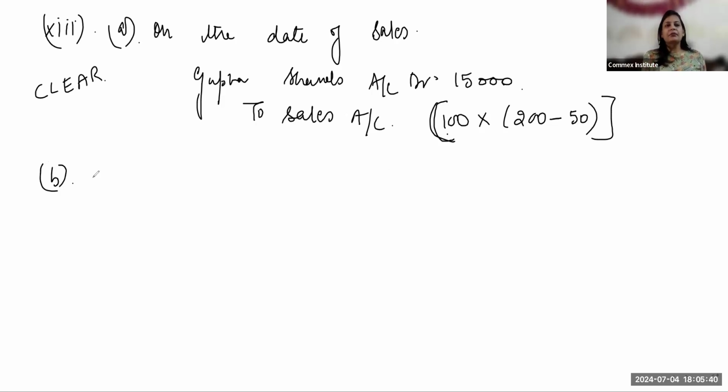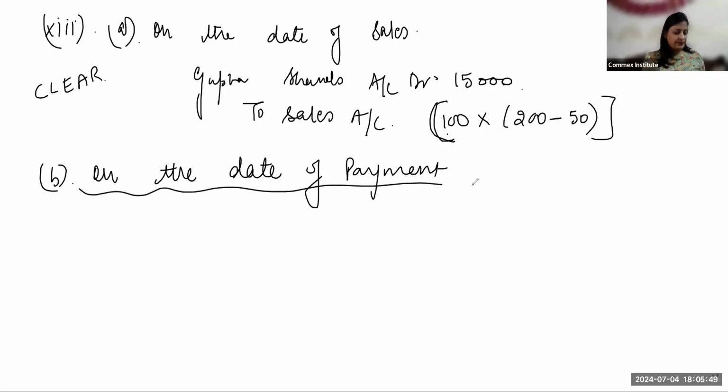And B, on the date of payment, here we have 2 dates of payments, right? But they are not going to get the cash discount. So on 14th Jan, the payment is received, 50%, so 7,500.